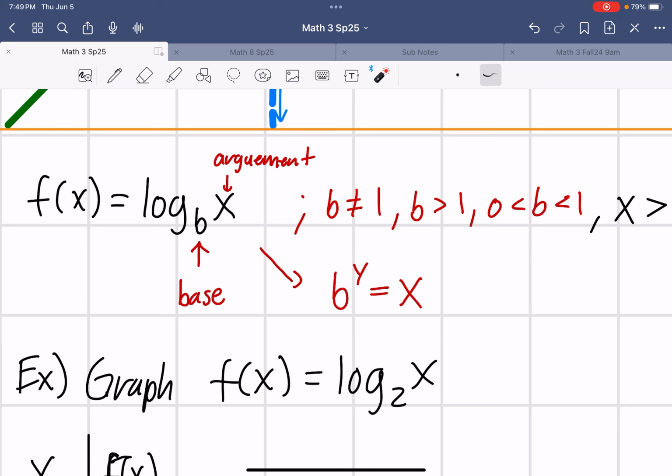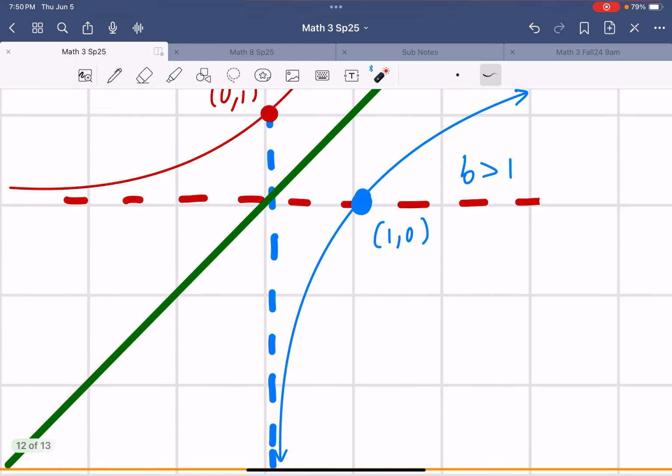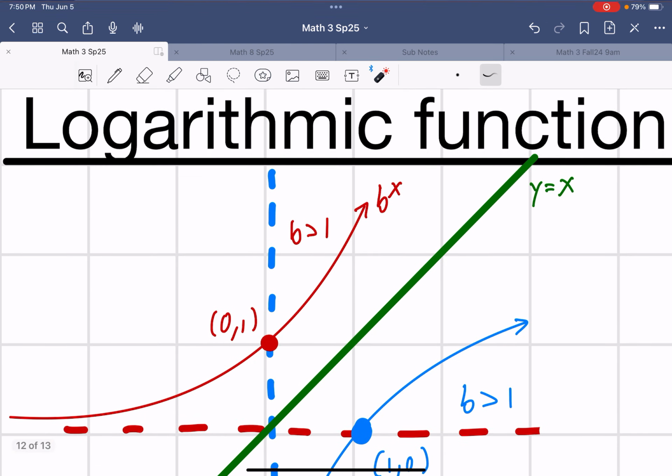And the best way that we have to evaluate and work with logarithms is we actually look at it like an exponent. But a little different, because if you notice, the exponent has x as the independent variable and y as the dependent variable.